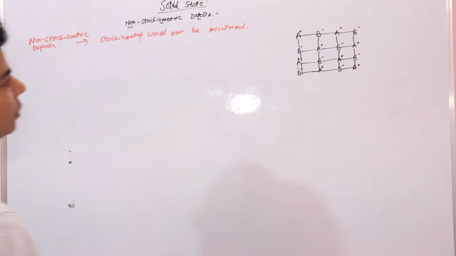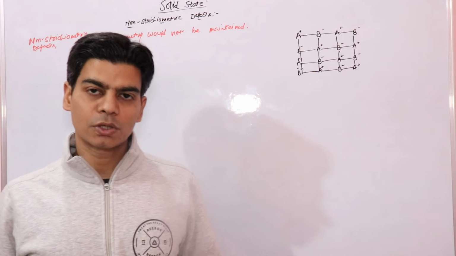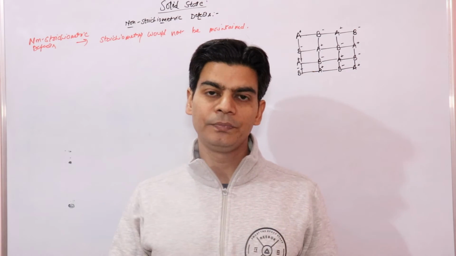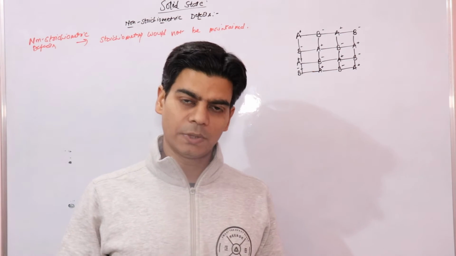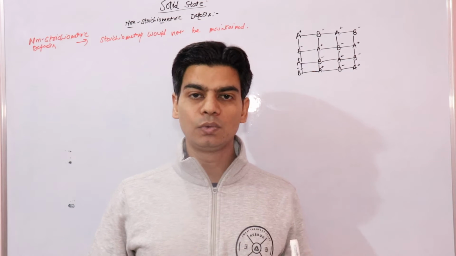right? And if you remember, there were two things when we were talking about defects in crystals. The first was stoichiometry, which we said in these types of defects it would not be maintained. We'll see how in a moment. Then the second thing is electrical neutrality.